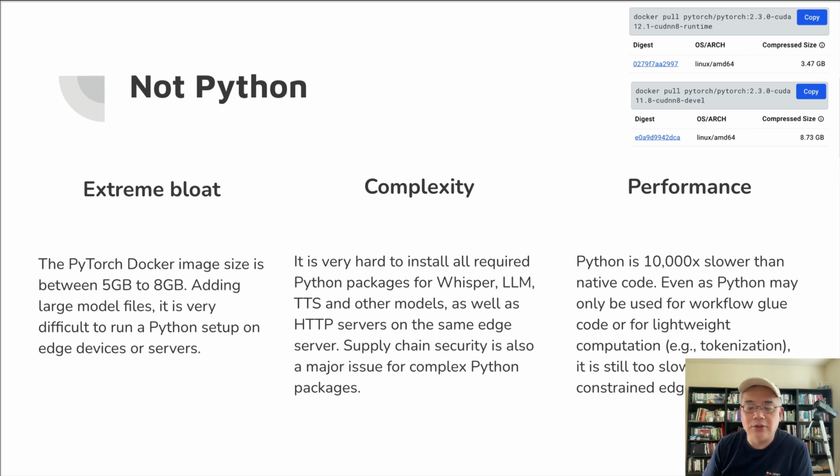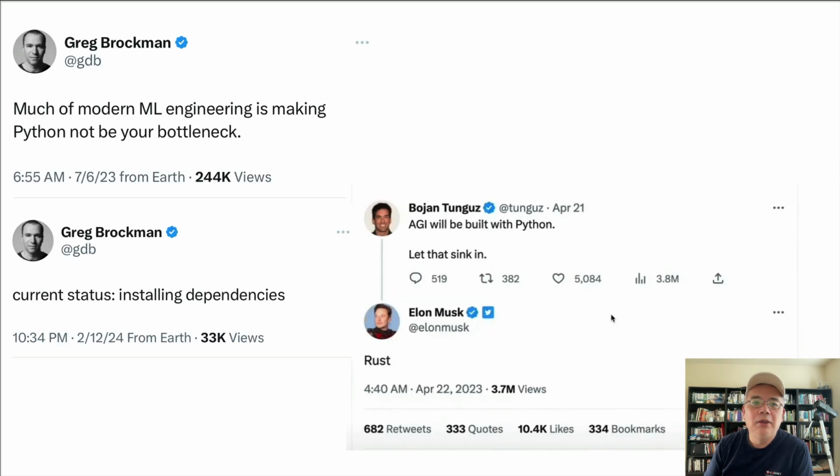It can really slow down your application in use cases like real-time applications, voice to voice, image recognition and things like that. So Python, in my opinion, is a great choice for experimenting with those models, but it's not really a good choice for embedding a model into your application.